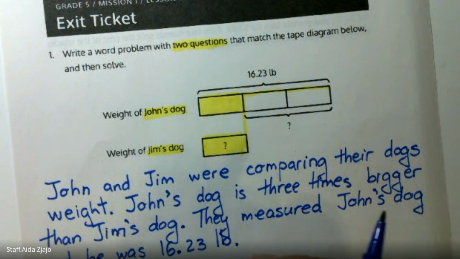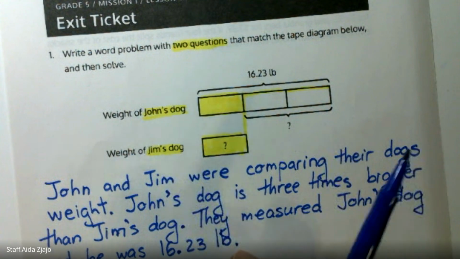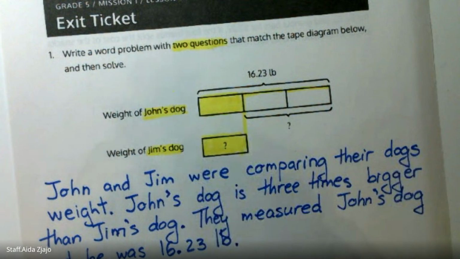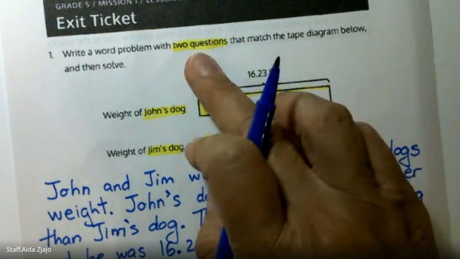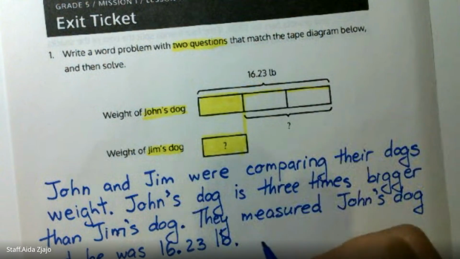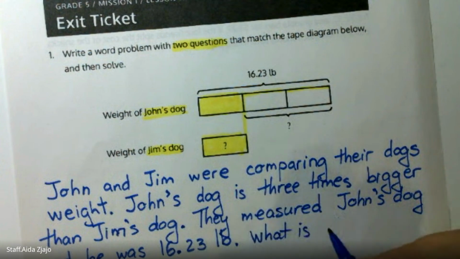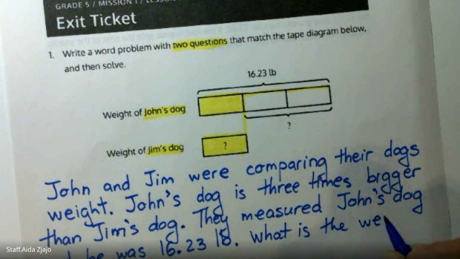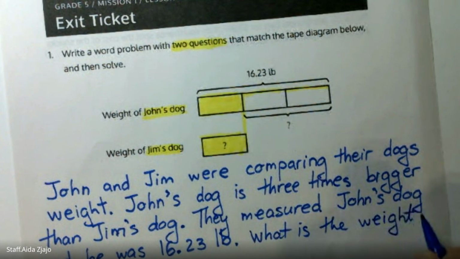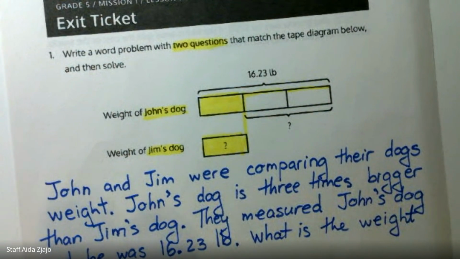What is the question? First question, because they ask two questions: what is the weight of Jim's dog?